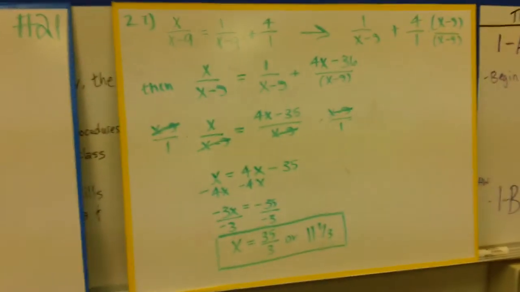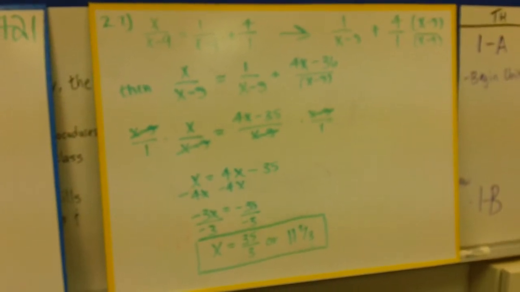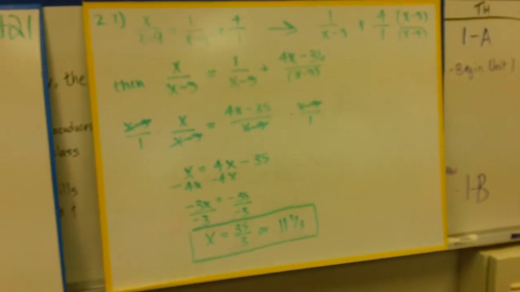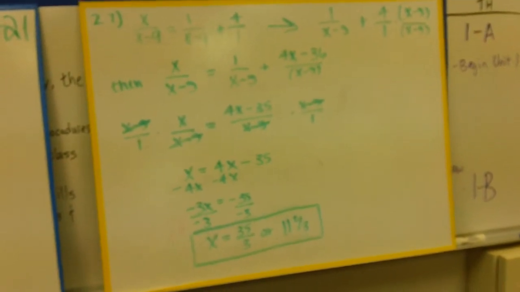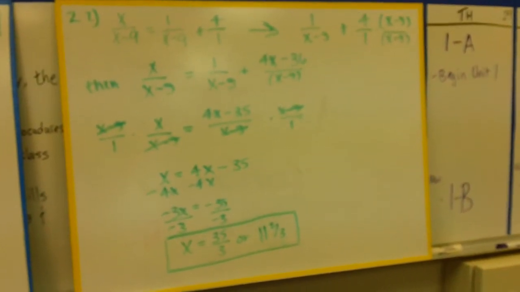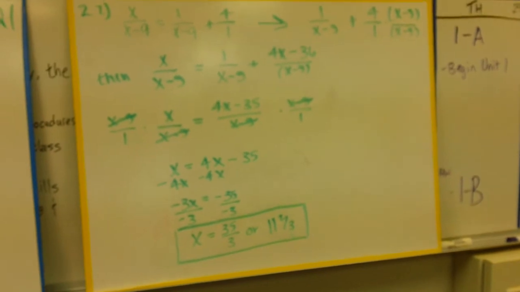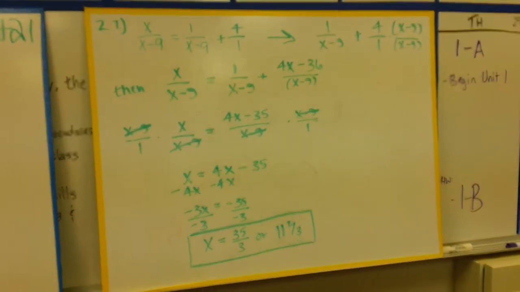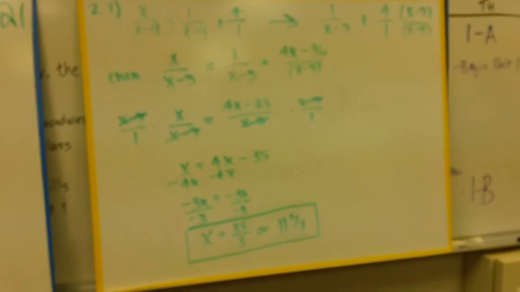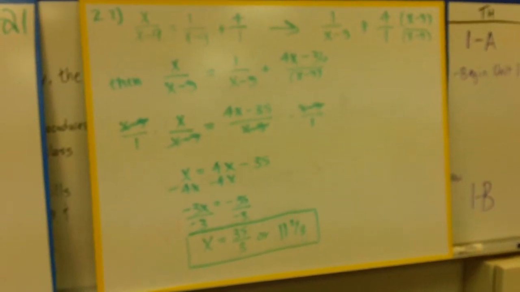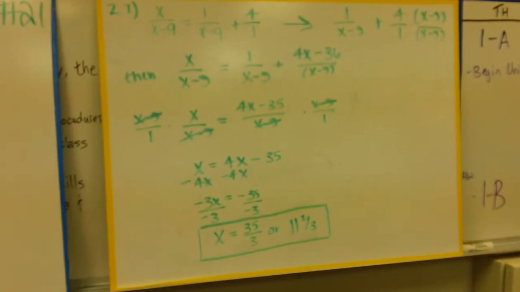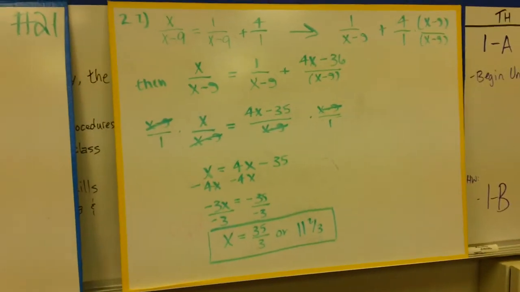So you start by writing your equation x over x minus 9 equals 1 over x minus 9 plus 4 over 1. Then you multiply 4 over 1 by x minus 9 over x minus 9 to get a common denominator. And when you multiply and distribute, you get x over x minus 9 is equal to 1 over x minus 9 plus 4x minus 36 over x minus 9.